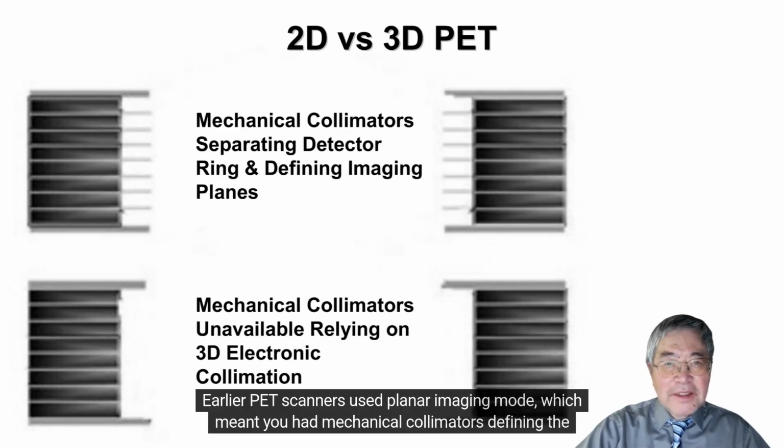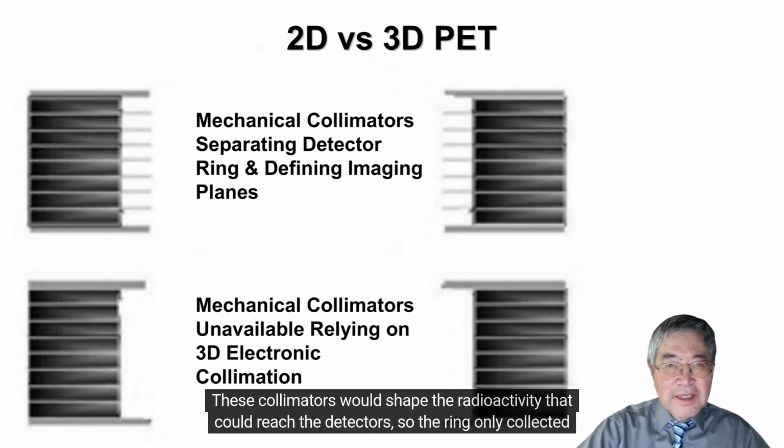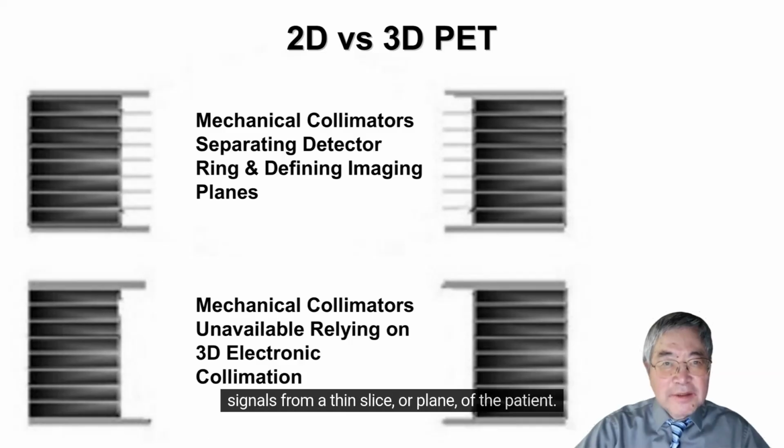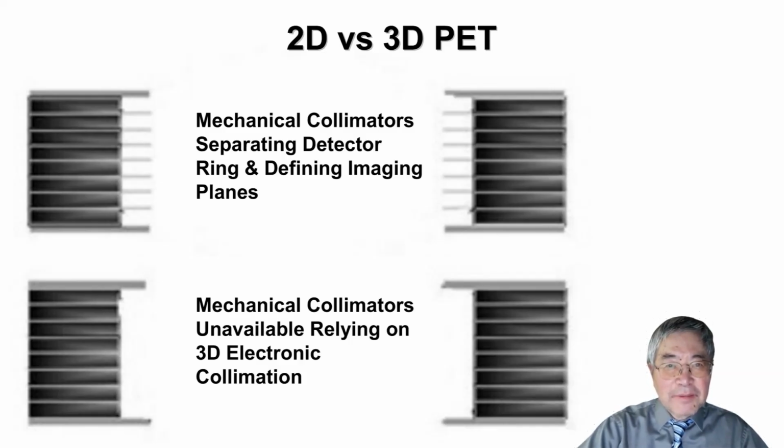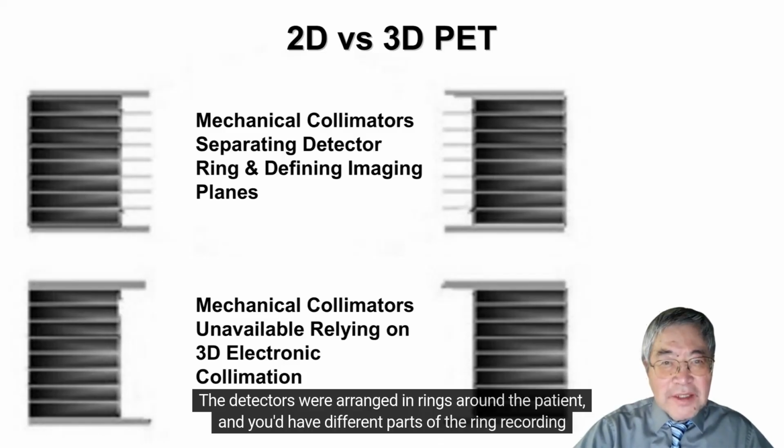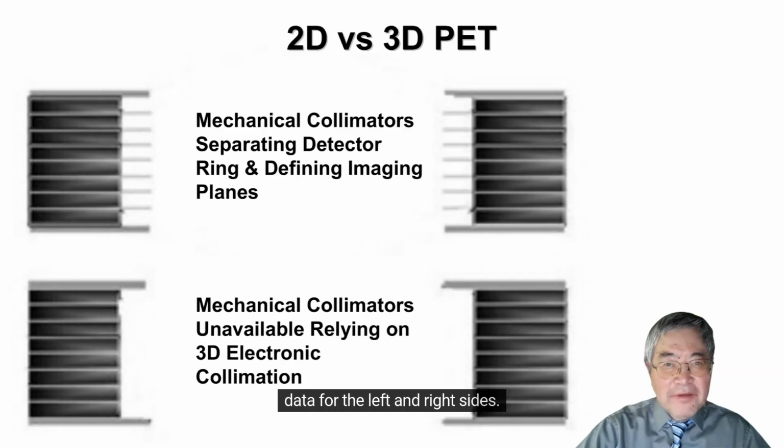Earlier PET scanners used planar imaging mode, which meant you had mechanical collimators defining the imaging planes. These collimators would shape the radioactivity that could reach the detectors, so the ring only collected signals from a thin slice, or plane, of the patient. The detectors were arranged in rings around the patient, and you'd have different parts of the ring recording data for the left and right sides.